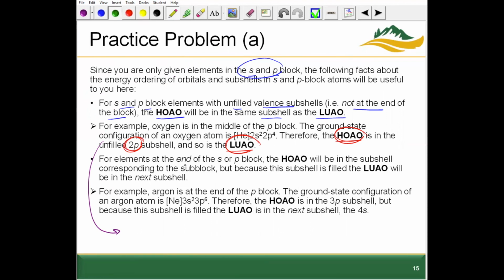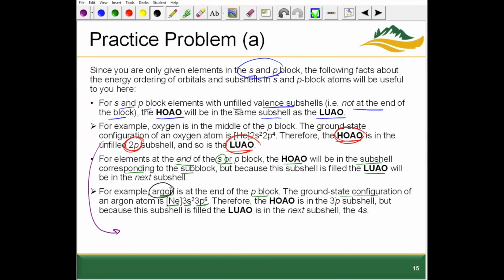Next, for elements at the end of the s or p block, the highest occupied atomic orbital will be in the subshell corresponding to that subblock. But then for the lowest unoccupied, we need to go up an energy level because we've already filled that subshell. For instance, argon is at the end of the p block. The ground state electron configuration for argon is neon, then 3s2, 3p6.